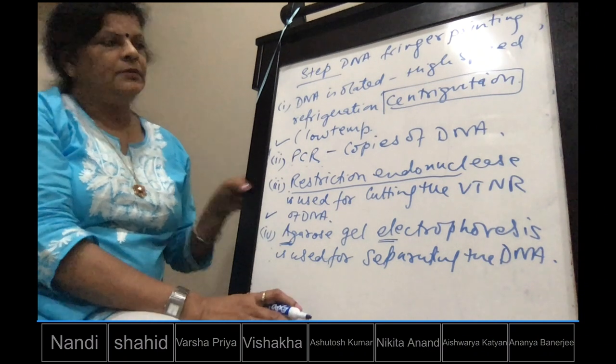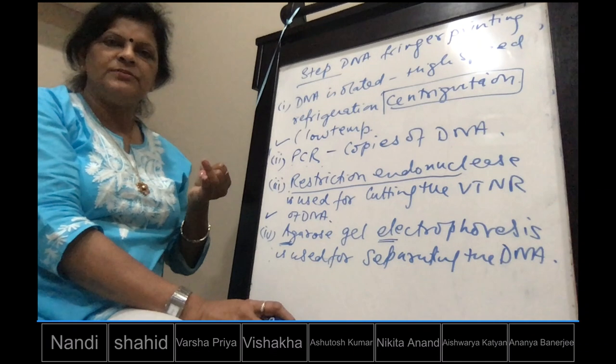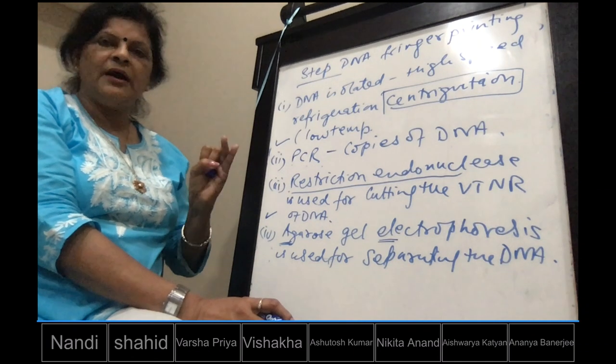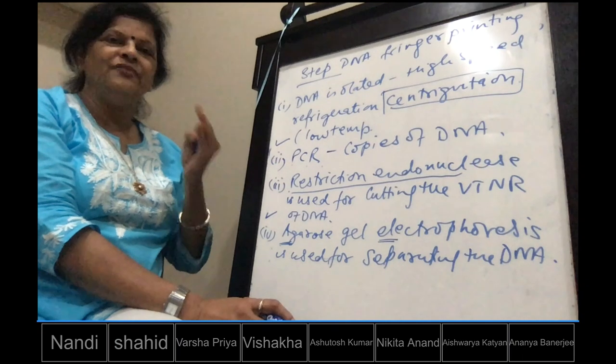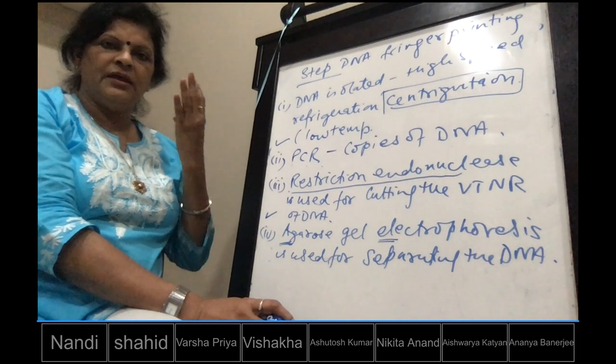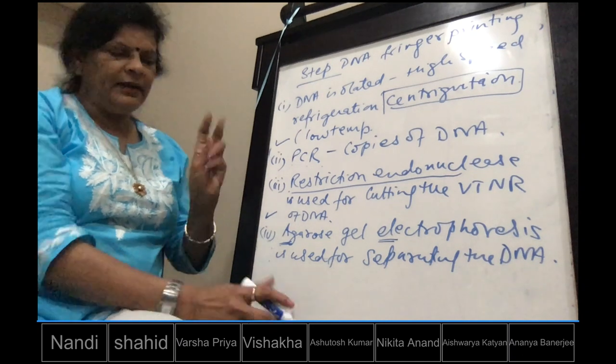These are the steps. तो पहला क्या है? Isolation of DNA. Second, copies of DNA is made if the DNA is less by PCR technique. Third, restriction endonuclease is used to cut the VNTRs in the DNA. Then agarose gel electrophoresis is used for separating the DNA.